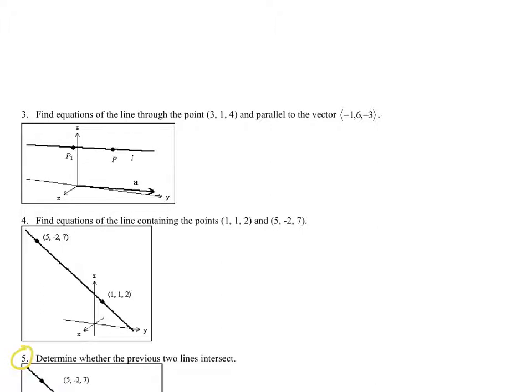They told us A, B, C, and they told us the point, x sub O, y sub O, z sub O. So 3 minus t, 1 plus 6t, and 4 minus 3t.